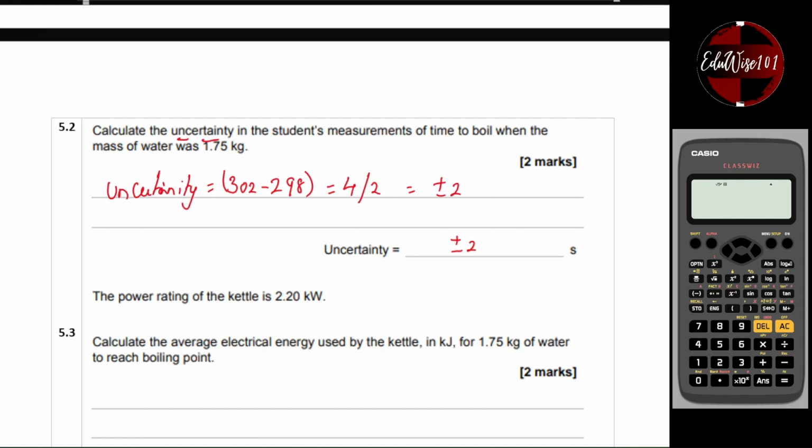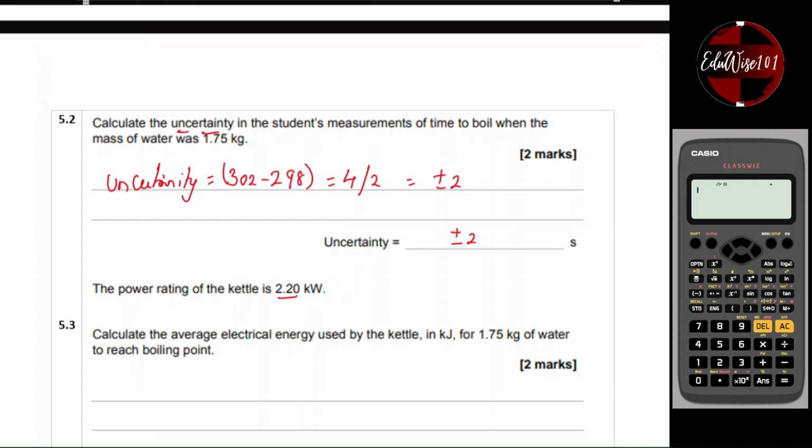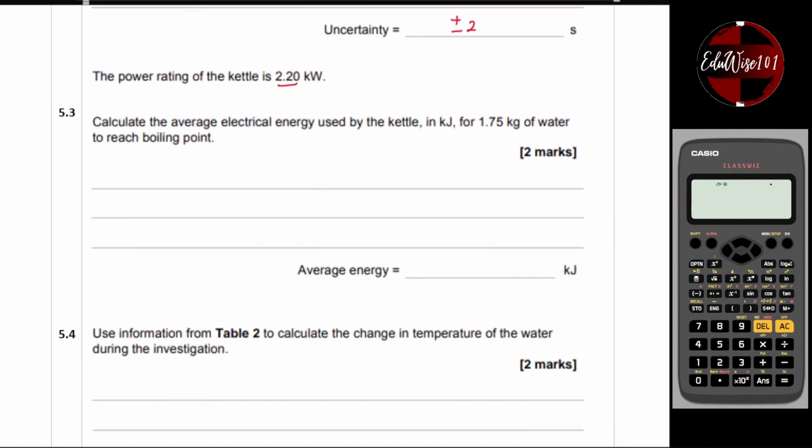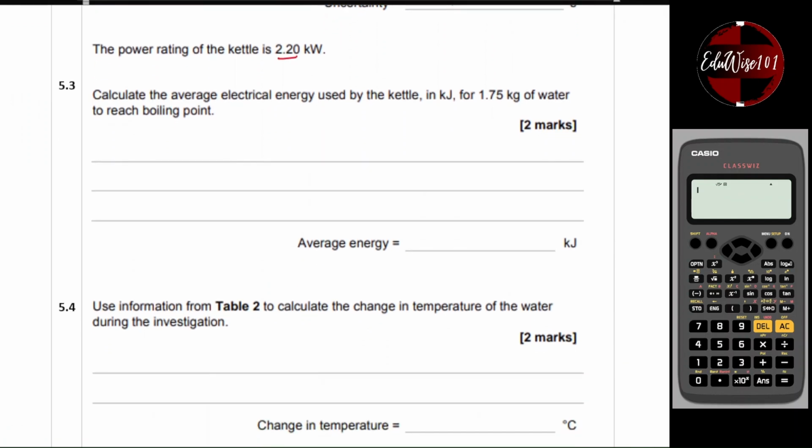The power rating of the kettle is 2.2 kilowatts. Question 5.3. Calculate the average electrical energy used by the kettle in kilojoules for 1.75 kilogram of water to reach boiling point.